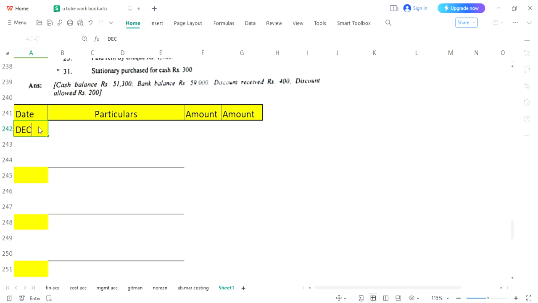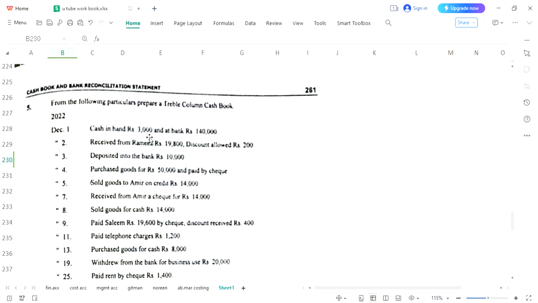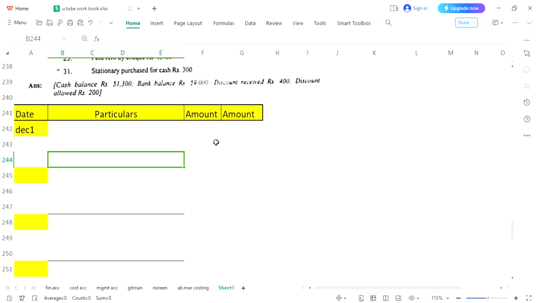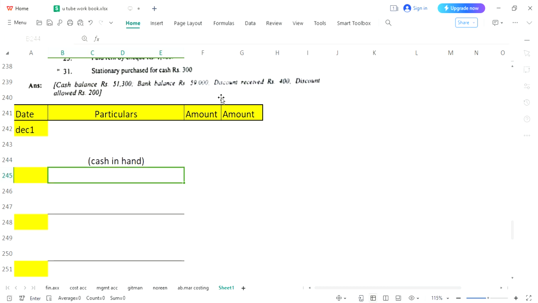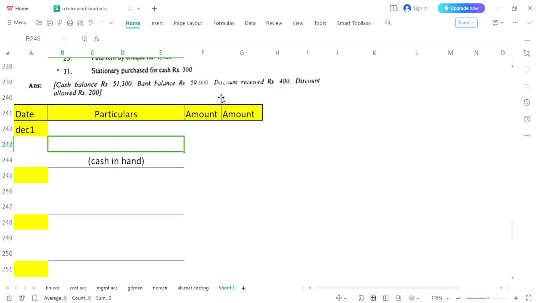Let's put the December first entry, and that entry has two parts, cash in hand and cash at bank. So first we will see cash in hand, and as usual this entry is present in almost every question. Cash in hand means cash is not going out, cash is not coming in, it is cash in hand.